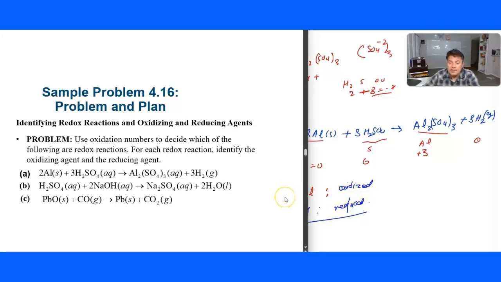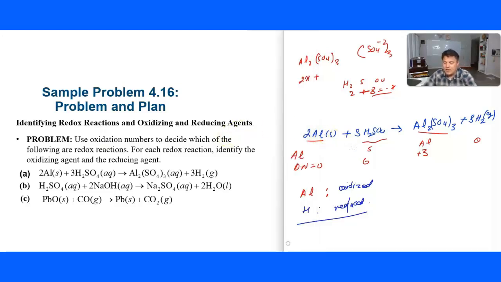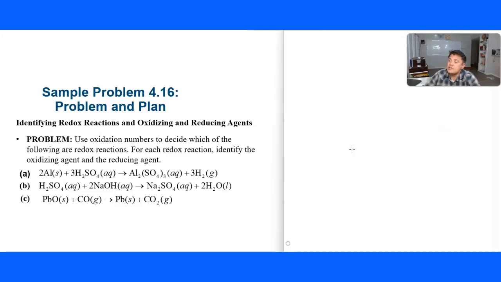Sample problem. Now let's see some problems. Identify the redox reaction and the oxidizing and reducing agent. You have to identify whether something is an oxidation reduction reaction or not. How do you find out? If any one of the species increases or decreases its oxidation number, that is an oxidation reduction reaction.